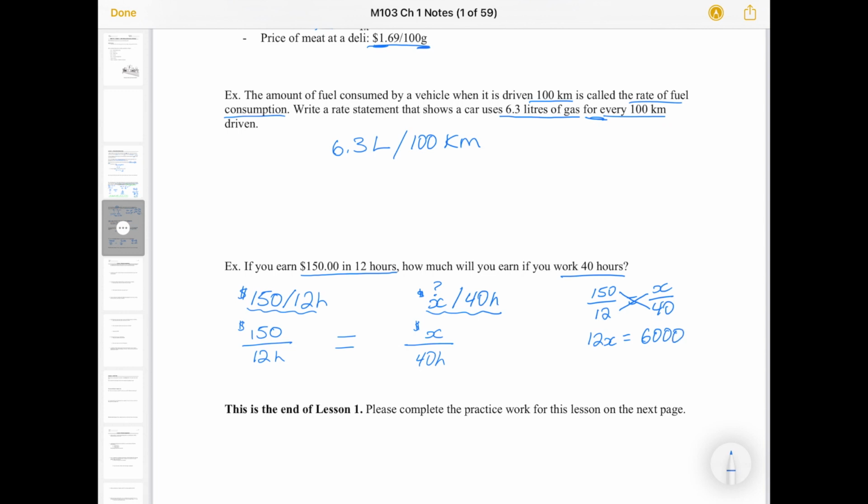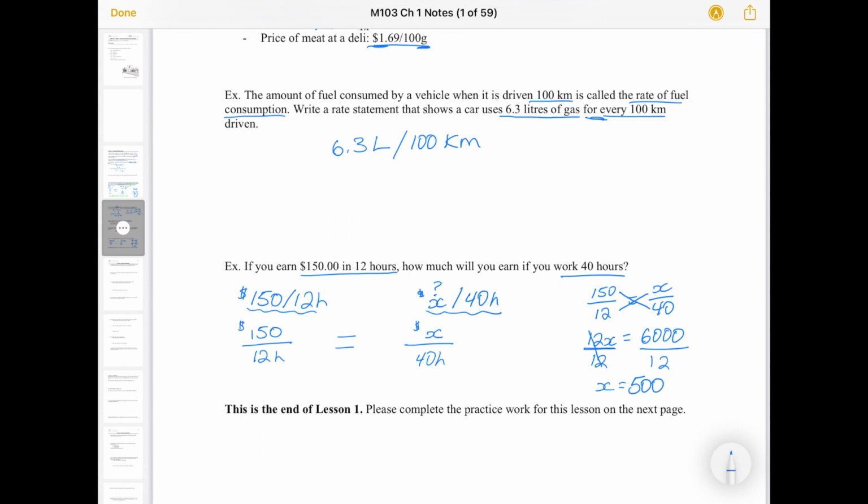All right, and now I need to solve for what x is. I have 12 times x, so I need to do the opposite of multiplication, which is division. What I do to one side, I have to do to the other side. So I'd get 6,000 divided by 12, which would give me 500.